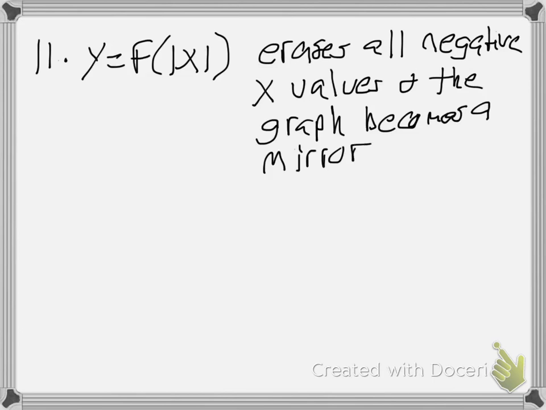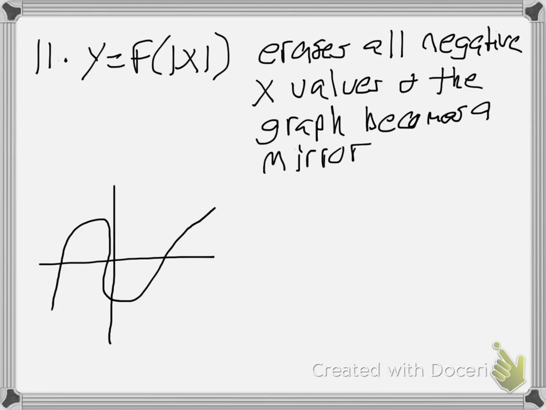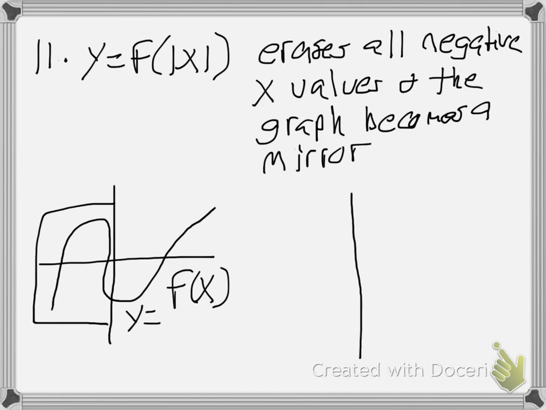So let's say we had some function that did this. Okay, here's my normal function. Comes down, comes up, y equals f of x. Now, all of these negative values, everything that's on this side, are going to actually end up becoming a mirror of everything that's on the right side.